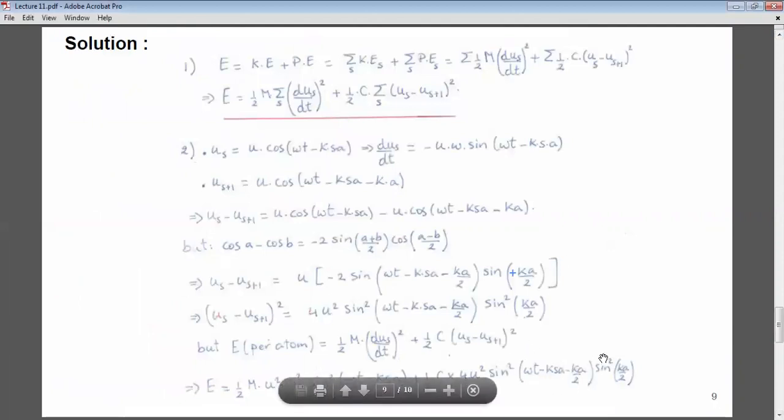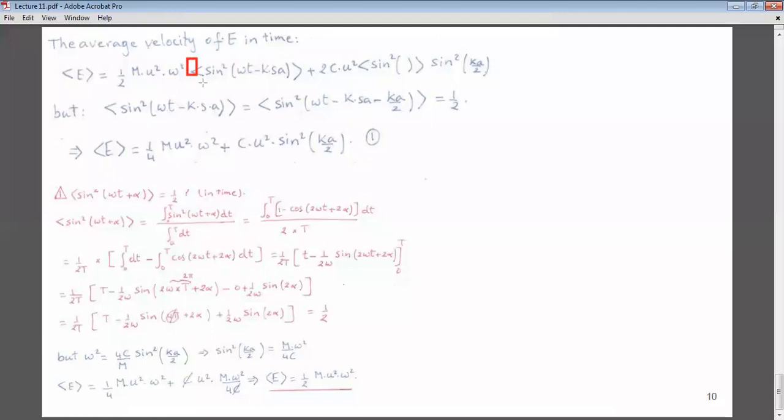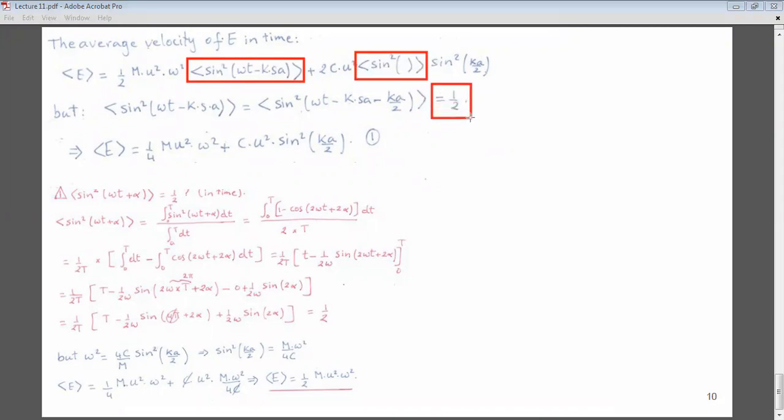Again, this sine square KA over 2 is constant, so I don't do average for it. But very important, if you calculate these averages, you will get half each.